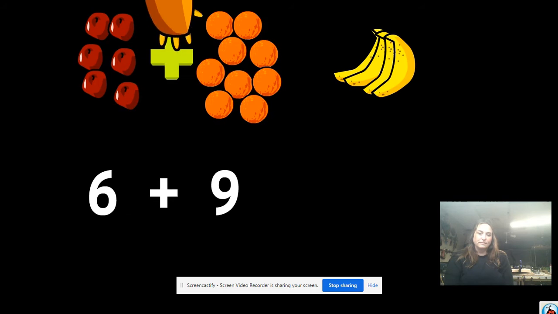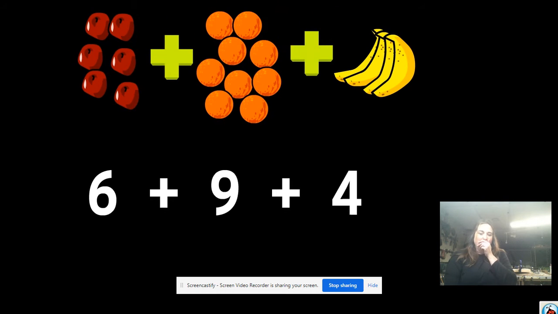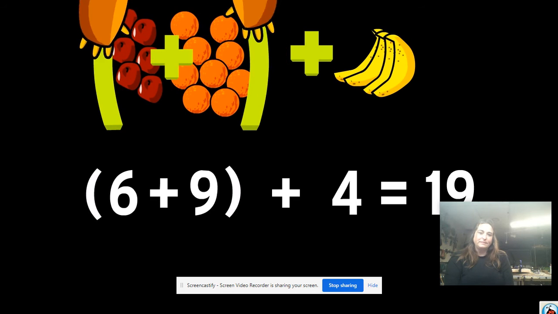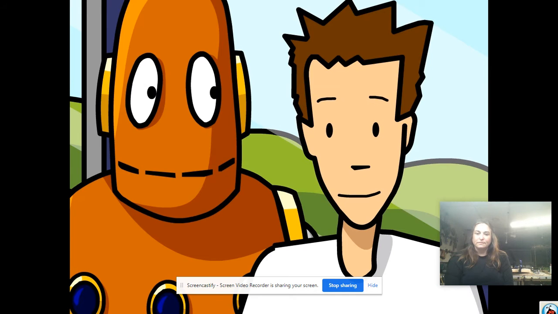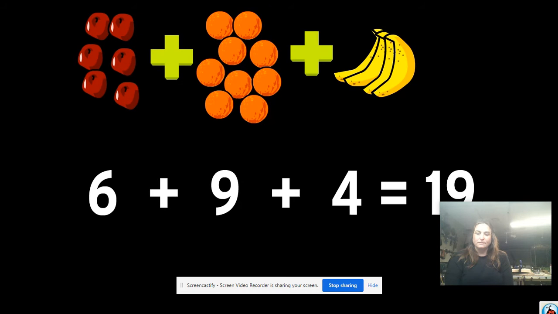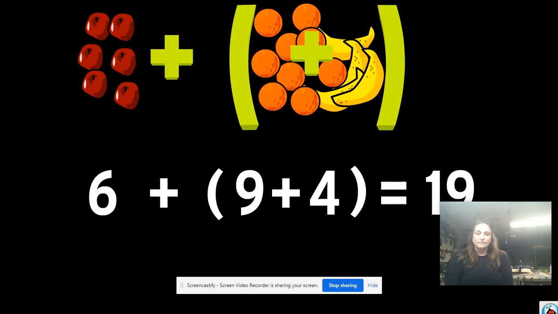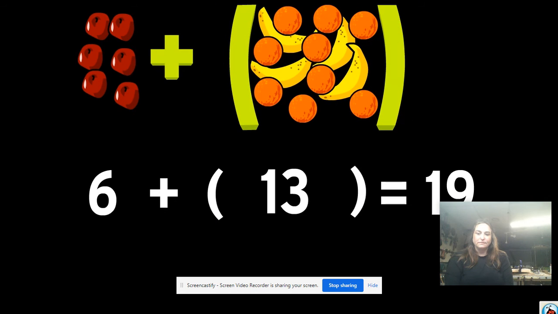We've got 6 plus 9 plus 4 equals 19 pieces of fruit. Using parentheses like this groups the apples and oranges together. It's a rule that we always do what's in the parentheses first, so 6 plus 9 equals 15, plus 4 equals 19. Even if we move the parentheses and change the order of addition, our answer still comes out the same.